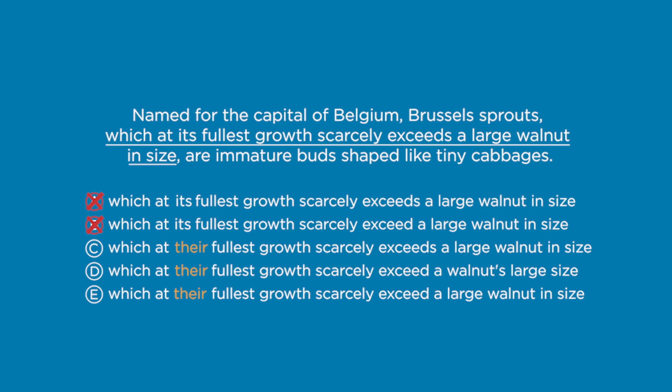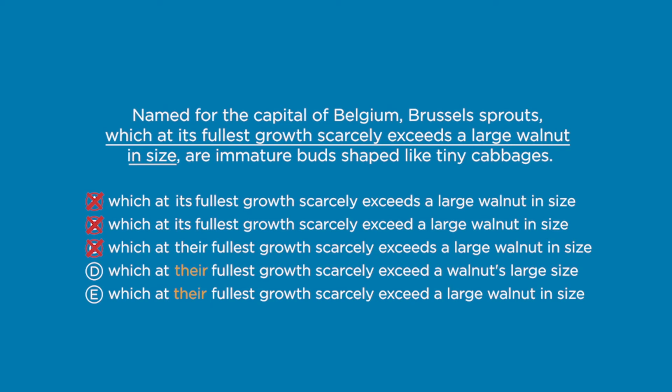In the remaining answer choices, we can see that there is a subject-verb disagreement which needs to be remedied. Again, we know that Brussels sprouts and their are plural, so we must use the verb exceed, not exceeds. Hence, we can eliminate answer C. Finally, we have to decide which answer best describes the size of the Brussels sprouts.